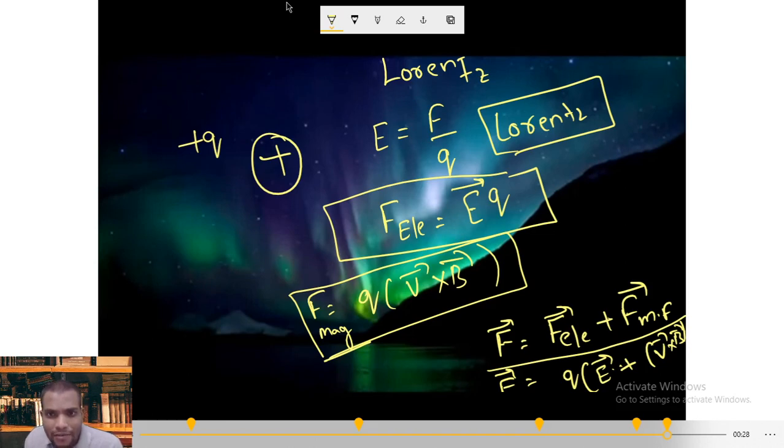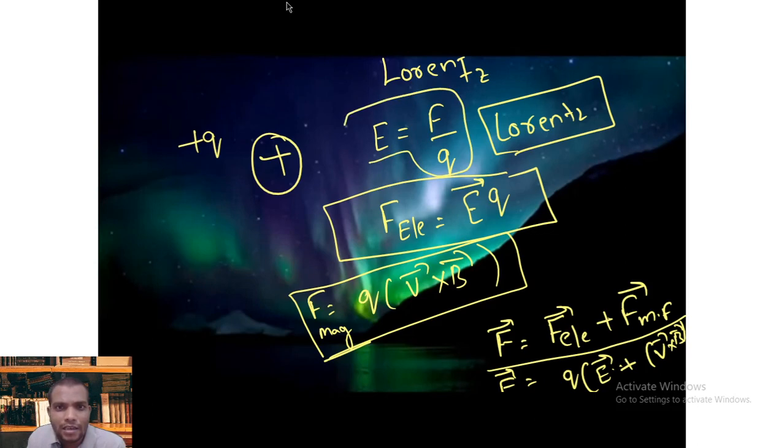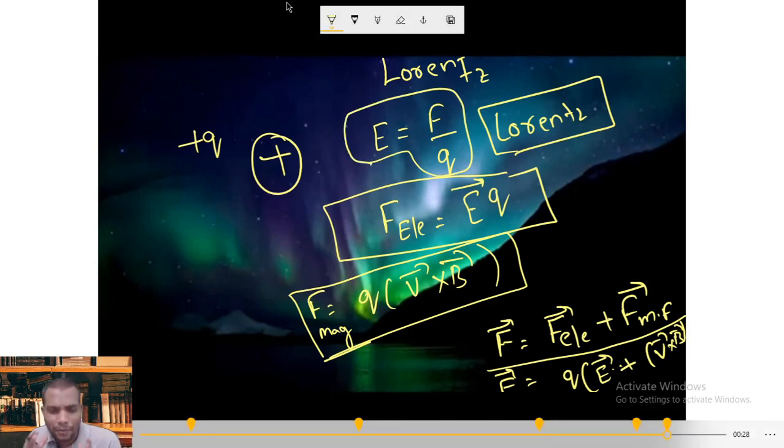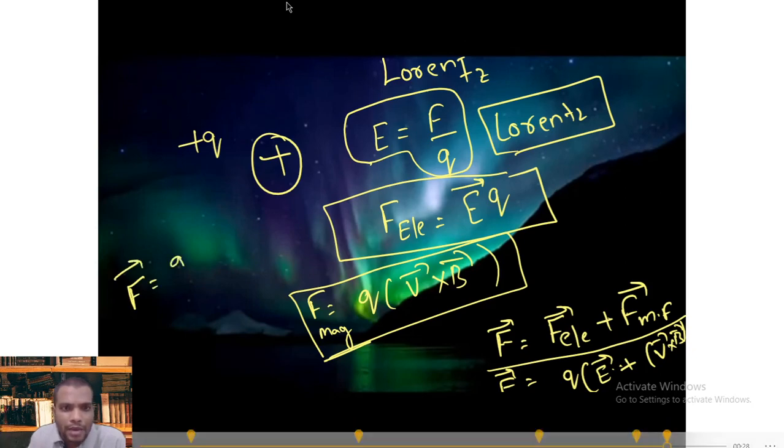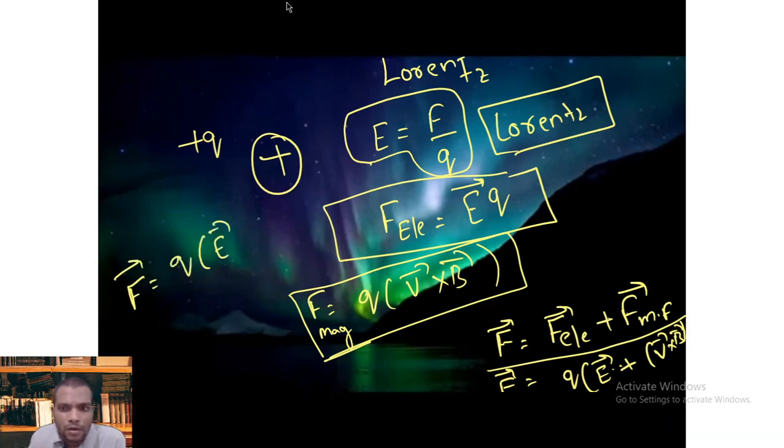Here I am giving a reminder, you should not forget: a particle having charge, by default, has its own electric field. Now the total expression, the Lorentz force, F equals q times E bar plus v bar cross B bar.